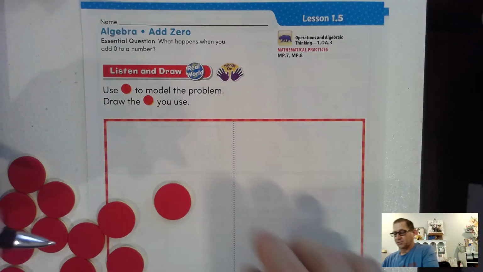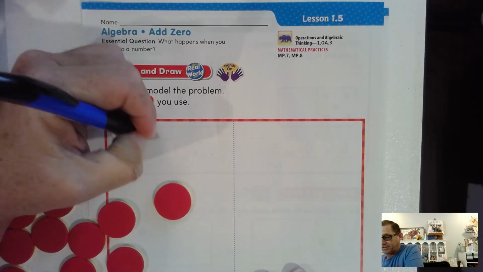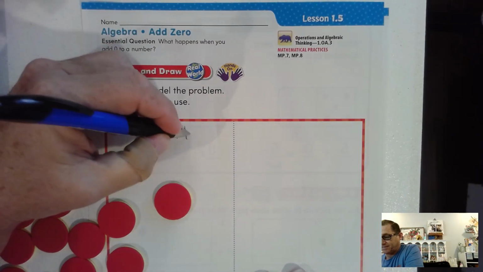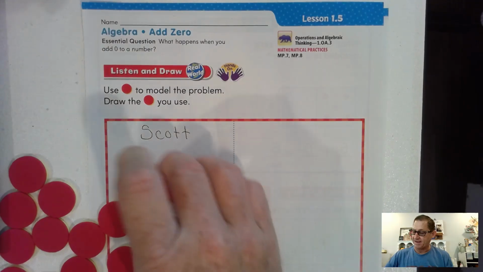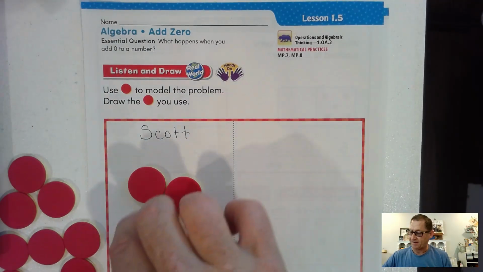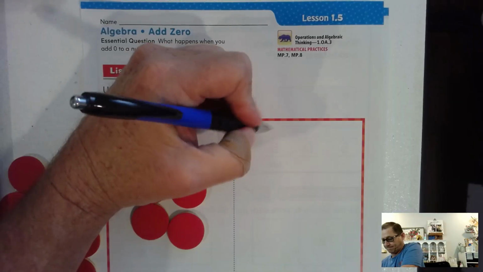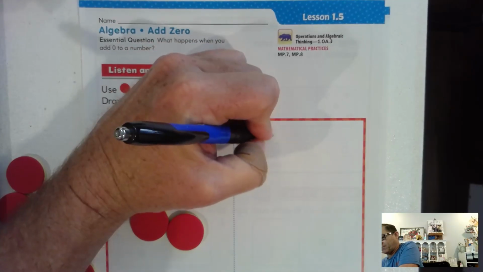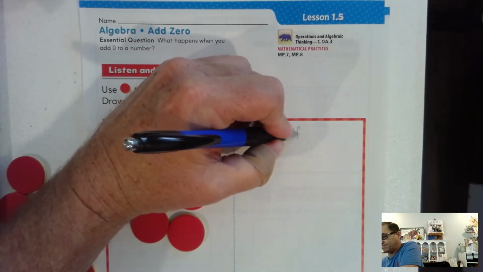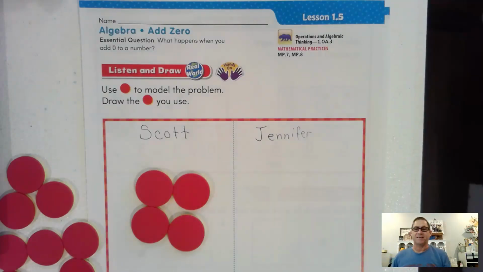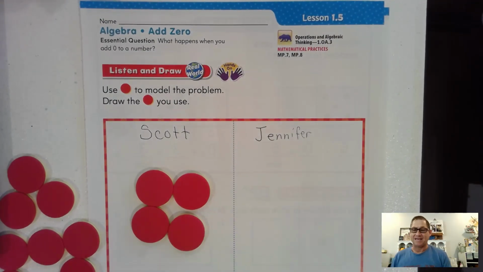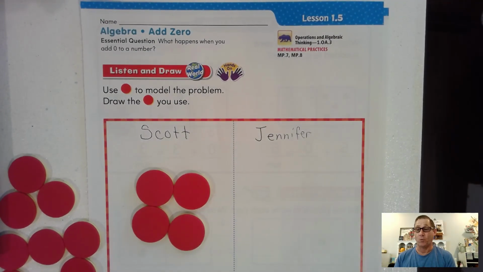Alright, so I might put Scott's name here, and it said he had 4 marbles. And then I might put Jennifer on the other side, and she has 0 or no marbles, right?